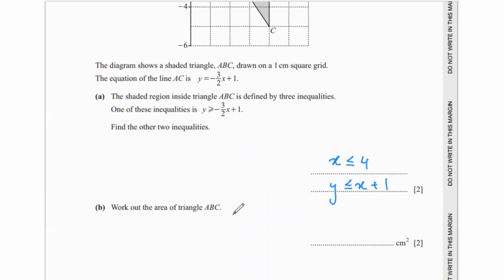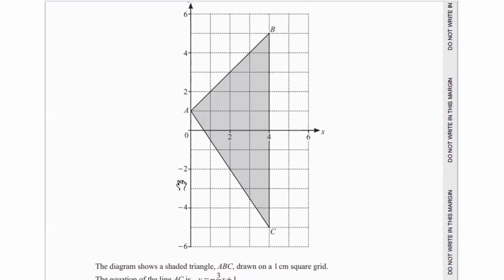Let's just work out the area of the triangle ABC. So for the area of the triangle ABC, we need the base and the height of the triangle. So this is your height of the triangle, and this is your base of the triangle. So the height is 4 units, and the base is 10 units.